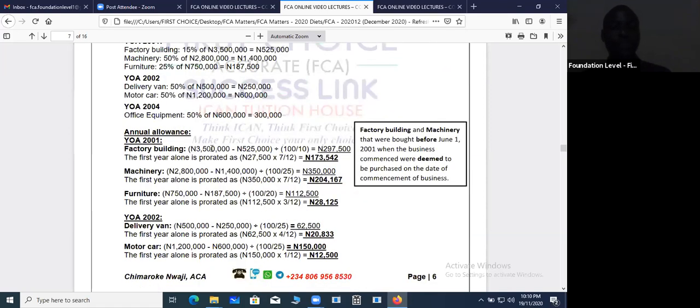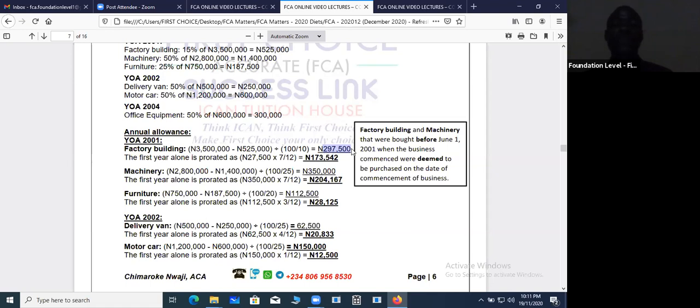Bring your cost and remove your initial allowance. Then you take the 100% divided by the annual allowance rate of 10%. You are looking for how many number of years. So 100 divided by 10 gives you 10 years. So this cost minus initial allowance divided by 10 years will give you 297,500. Now that is the full amount for a particular year.